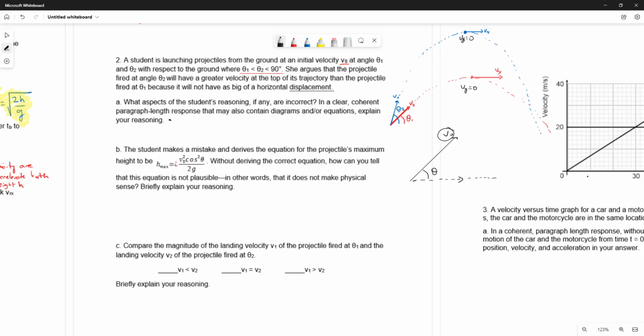One is that theta 2 will not have a greater velocity, since its horizontal velocity is lower, and at the highest point only horizontal velocity remains.